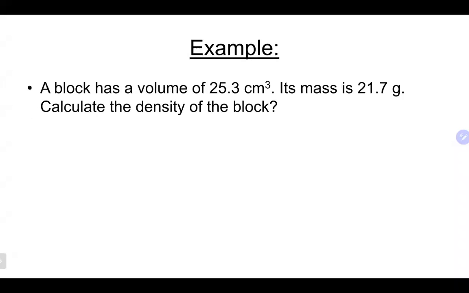All right, let's take a look at an example here. A block has a volume of 25.3 cubic centimeters. It has a mass of 21.7 grams. Calculate the density of the block. So we want to think about our density formula, which is mass divided by volume. Not just in these problems, but in problems throughout chemistry, it's usually a good idea to label and think about what's given to you.